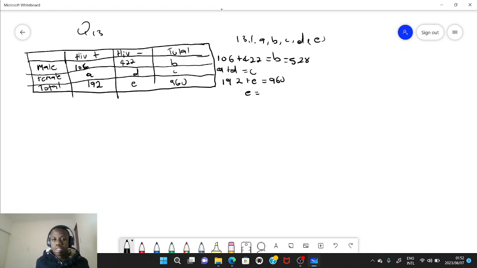I'll transpose 192, so I'll have 960 minus 192. So 960 minus 192 is 768, right? And the same thing applies.